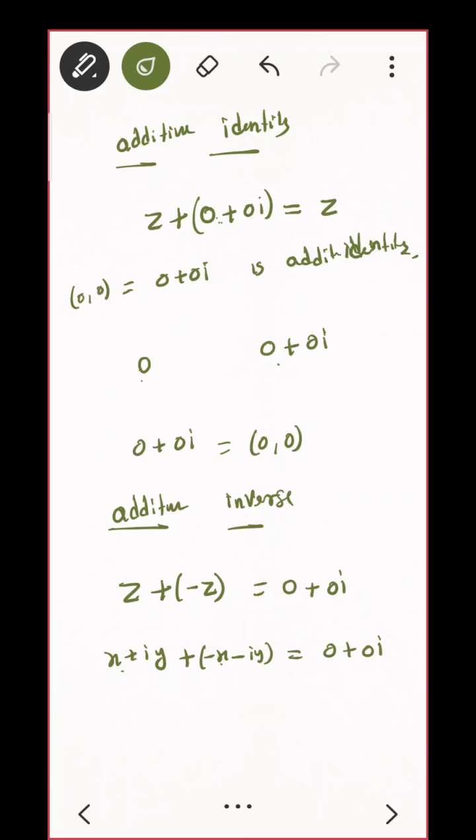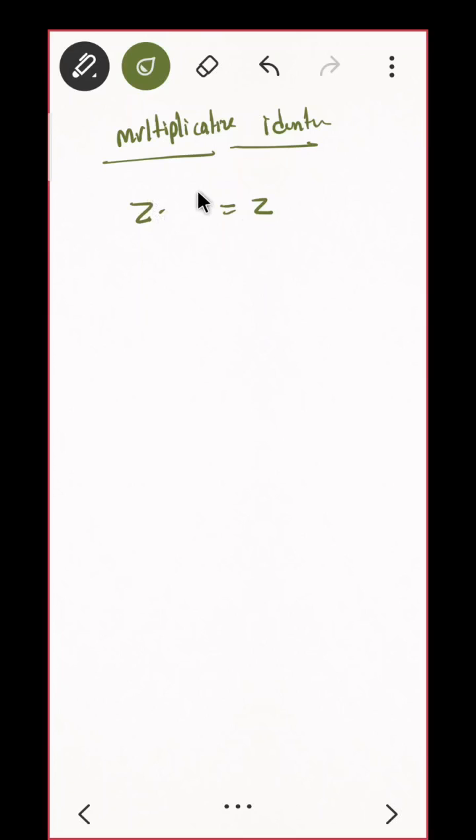Now the next is multiplicative identity. What is multiplicative identity? That is z multiplied by something must give me z again. So what is that something here? Can you give me that something? That definitely is 1, correct? But it is better to write 1 plus 0 i.